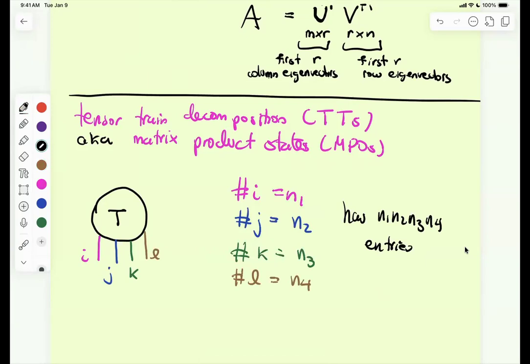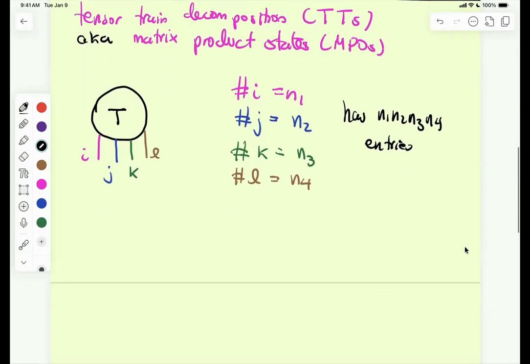Okay, step one is that I will do the mode one unfolding. What does that mean? Let me write it down. The unfolding just means that you regard the tensor as a matrix.